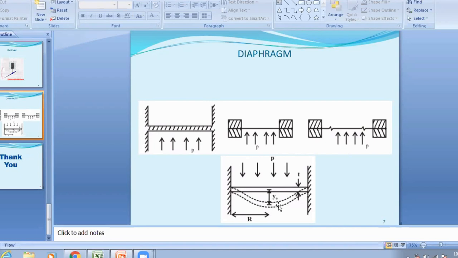So what is happening here? When no pressure is applied, there is no deformation. When pressure is applied, this is the sensing area.